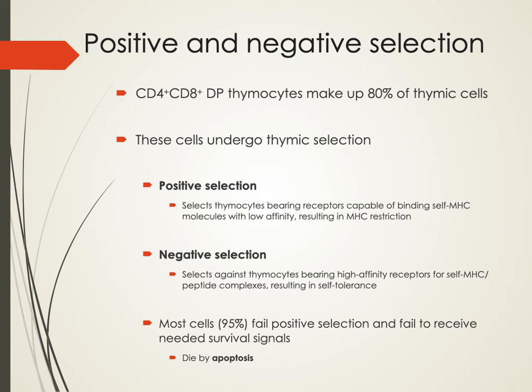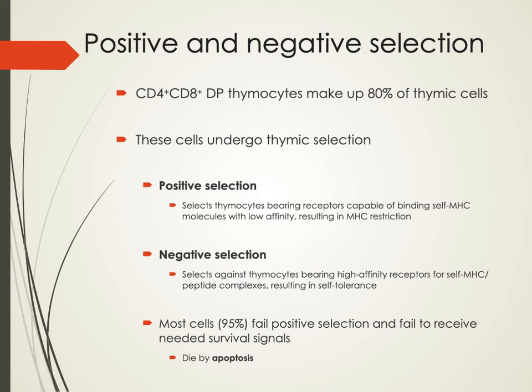Positive selection selects thymocytes that have receptors capable of binding to the MHC molecules that are presented, and they need to do so with a low affinity.